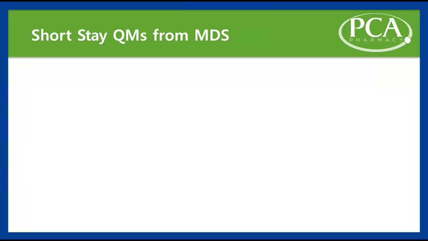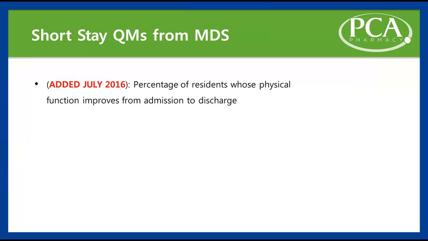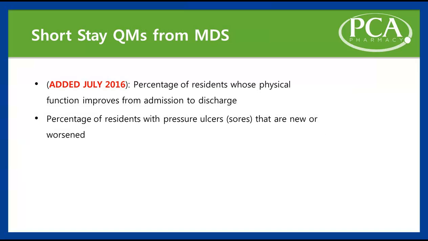For short stay quality measures, data from only the MDS, there are 4 short stay quality measures added in July 2016. The percentage of residents whose physical function improves from admission to discharge. Percentage of residents with pressure ulcers or sores that are new or worsened.